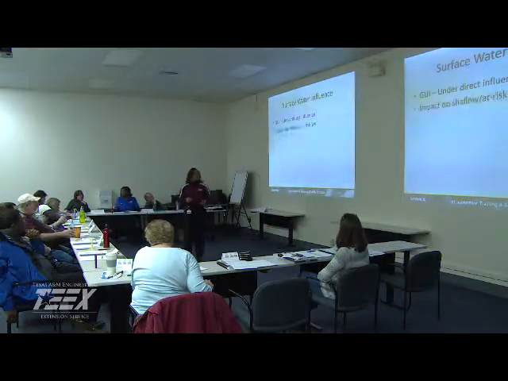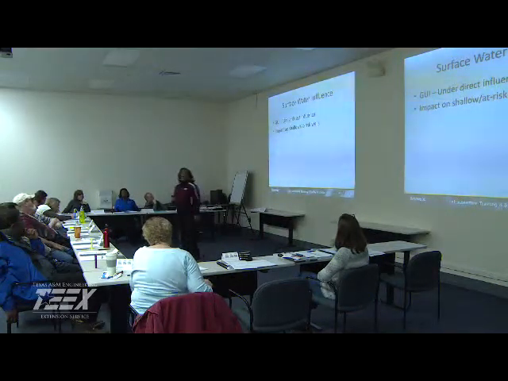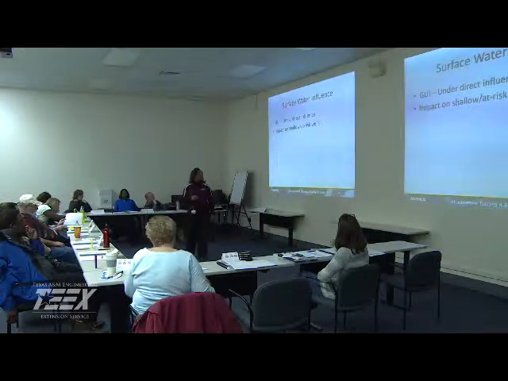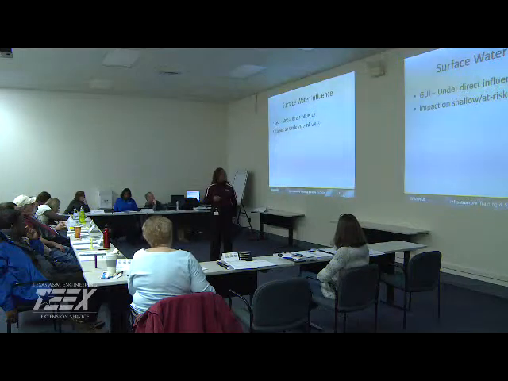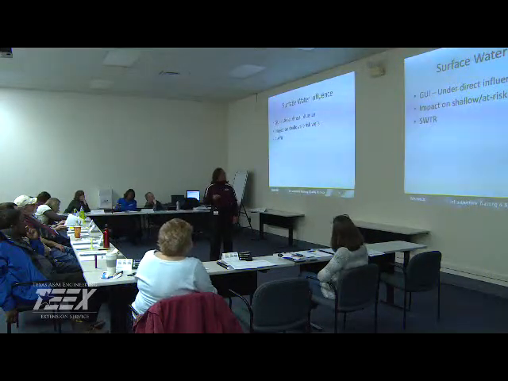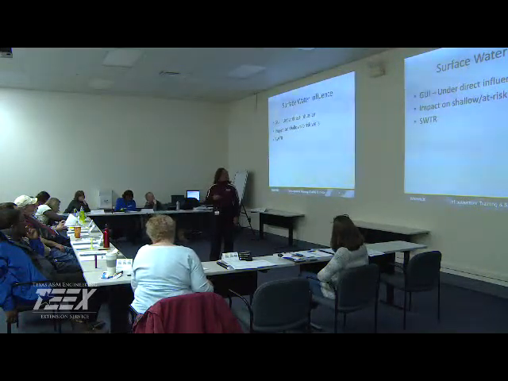Then I need to start doing additional testing. So I'm going to look and see what impact my surface water is having on the shallow wells. So I'm going to target those at-risk wells.